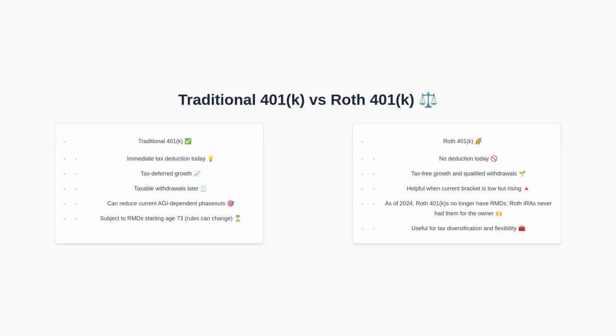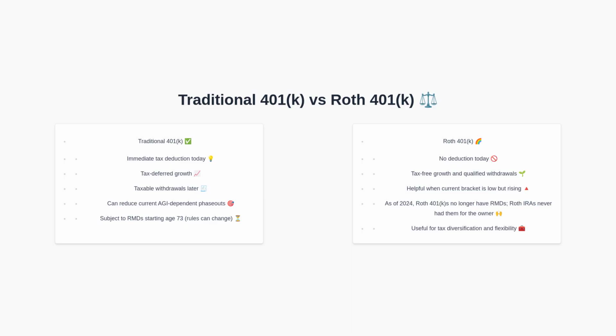Let us compare. Traditional 401k provides an upfront deduction, defers taxes, and taxes withdrawals in retirement. It can also help reduce current adjusted gross income and preserve eligibility for certain tax benefits. Traditional accounts are generally subject to required minimum distributions beginning at age 73, subject to legislative change.